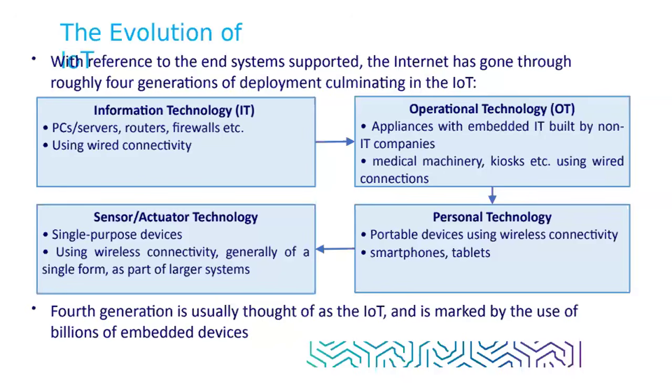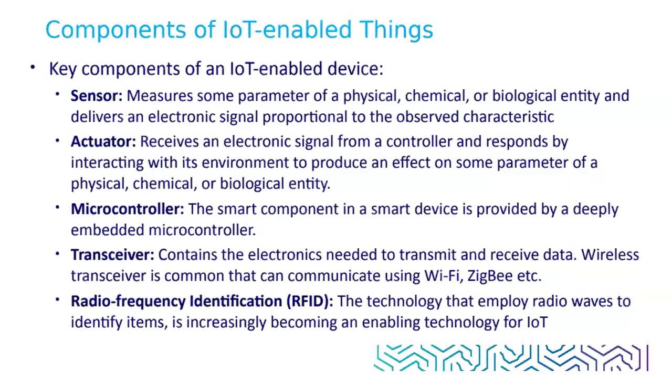The third generation, personal technology, brought portable wireless devices like smartphones and tablets. Finally, the fourth generation, sensor or actuator technology, represents the Internet of Things, characterized by billions of embedded devices communicating wirelessly as part of larger interconnected systems.